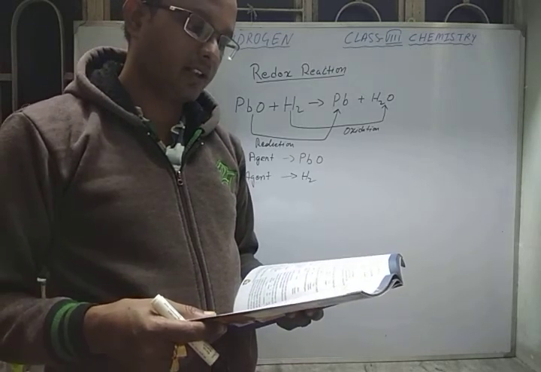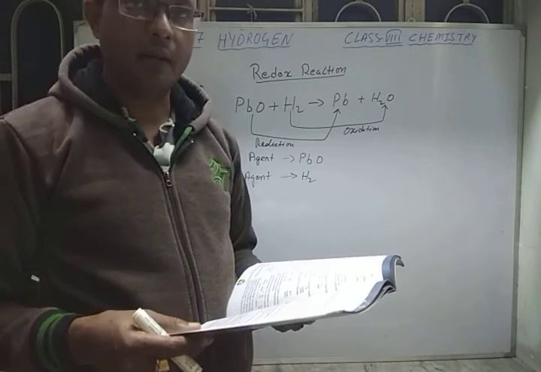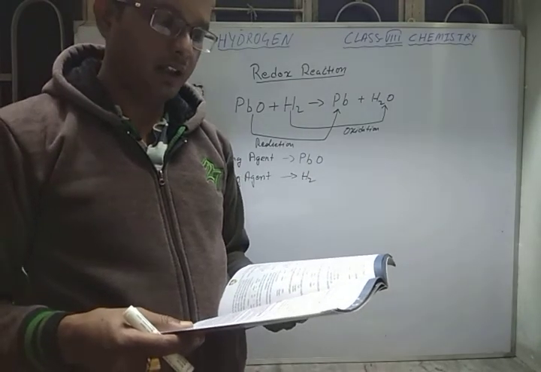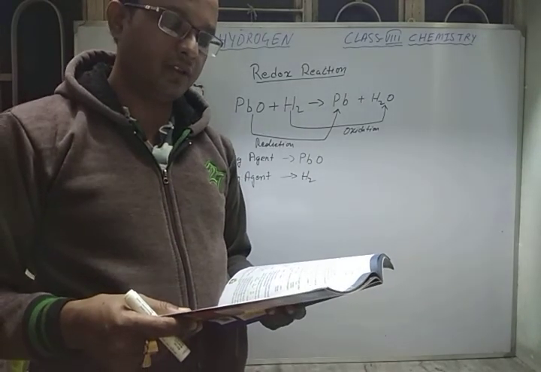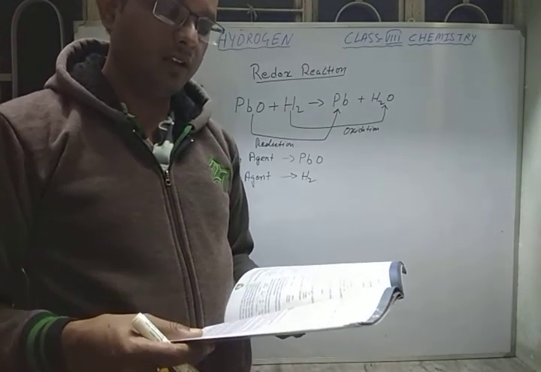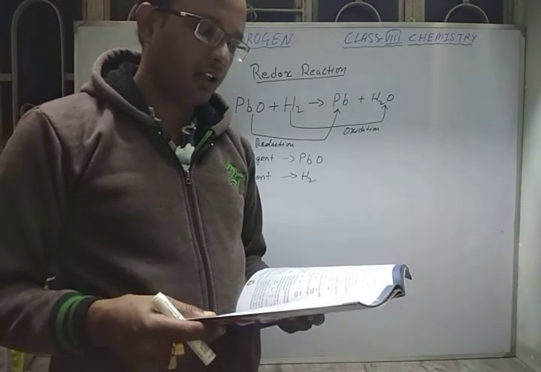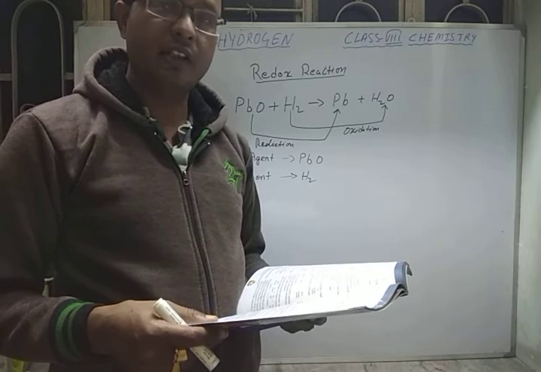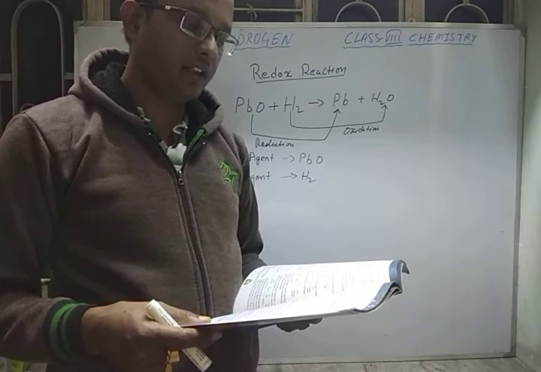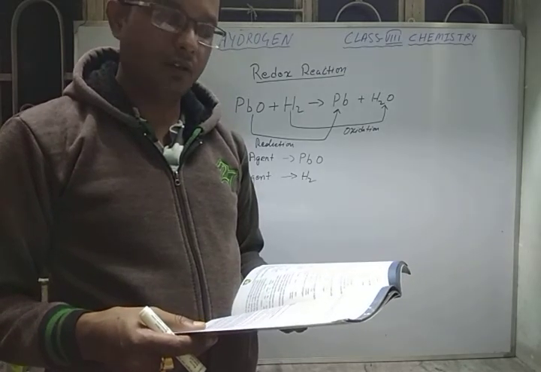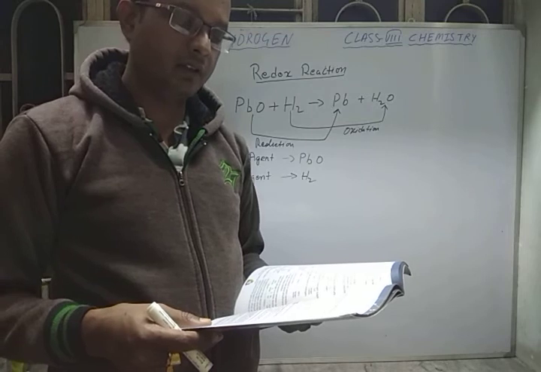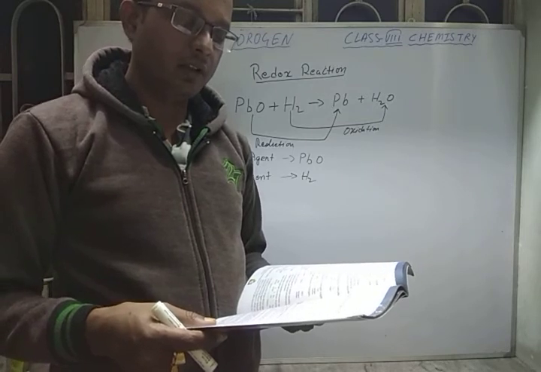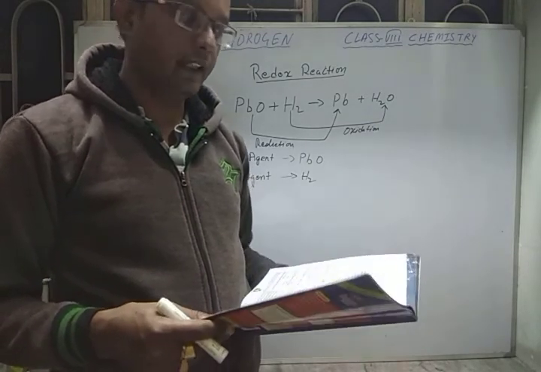In the above reaction both oxidation and reduction happen, so this is a redox reaction. Zinc is a reducing agent, while chlorine is an oxidizing agent.